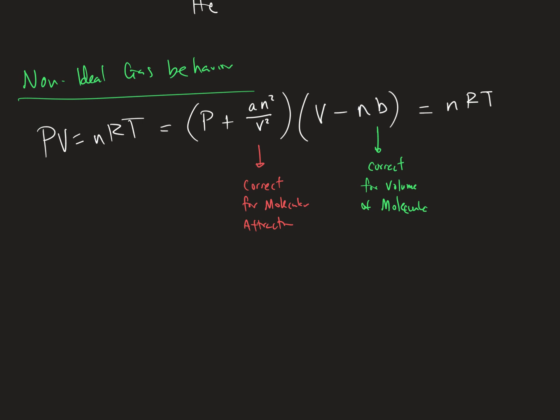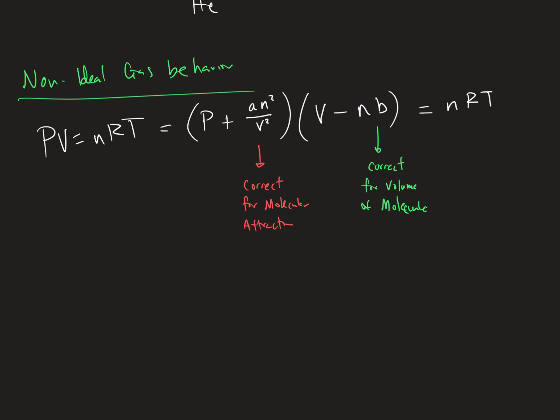When we have high pressures and low temperatures, we could just go with the ideal gas. But if we have low pressures and high temperatures, we're going to have to deal with this one. So maybe I'll say that again.